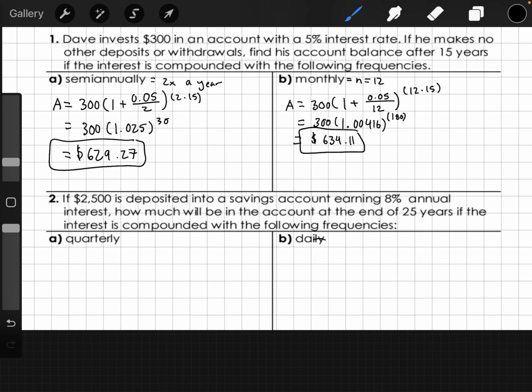So for the second example, if $2,500 is deposited into a savings account earning 8% annual interest, how much will be in the account at the end of 25 years if the interest is compounded with the following frequencies?